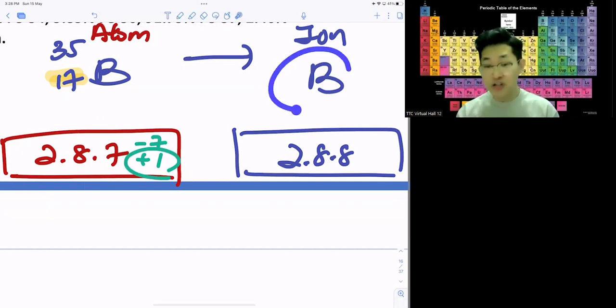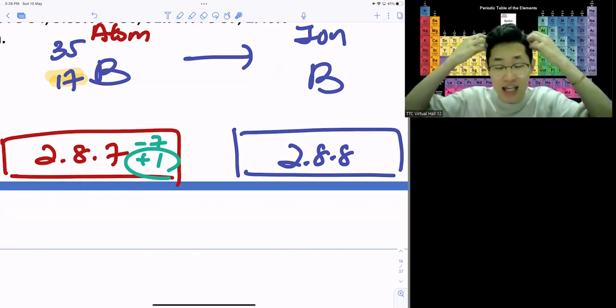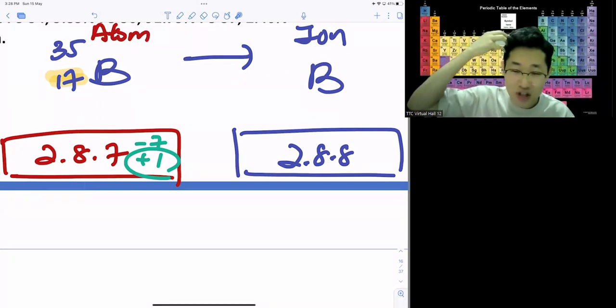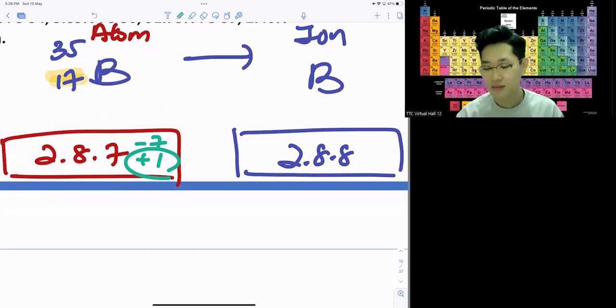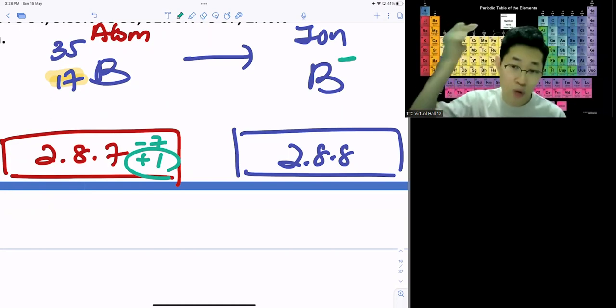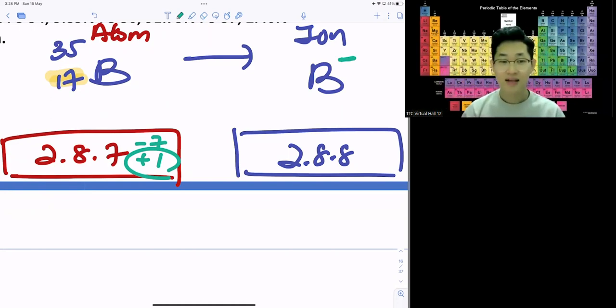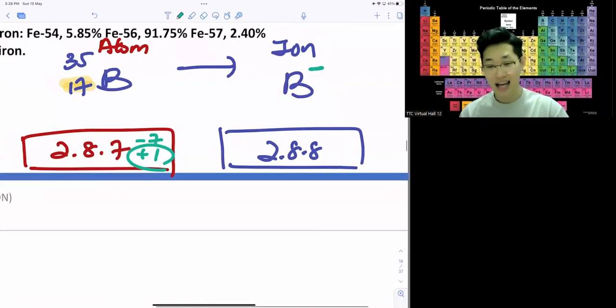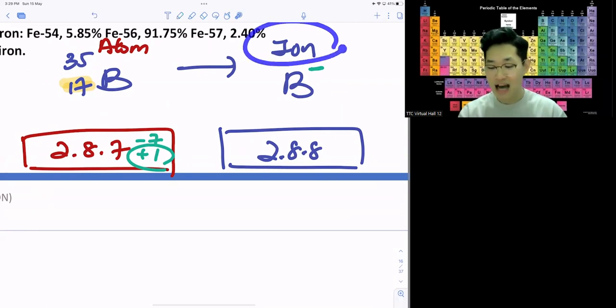When the substance receives one negative electron, it becomes -1. If it receives two negative, -2. Receive 3 negative, -3. Understand? Just like that. So please be very careful with atom and ion in your first term exam.